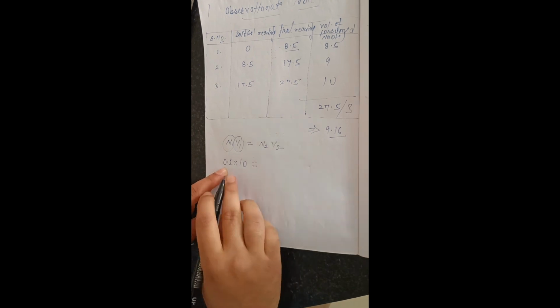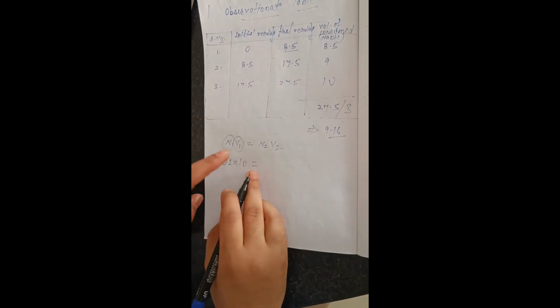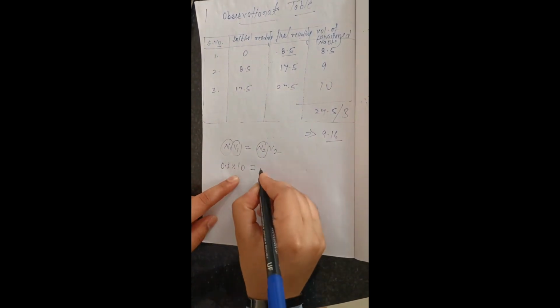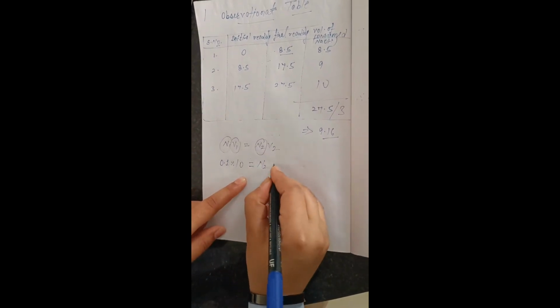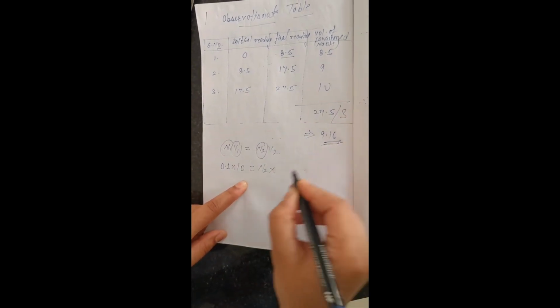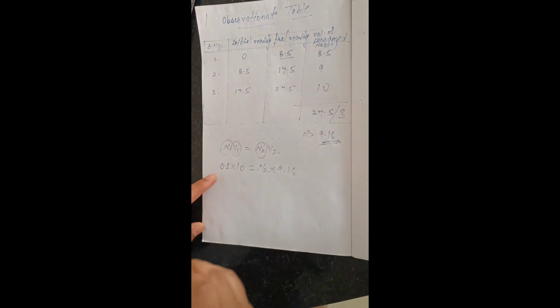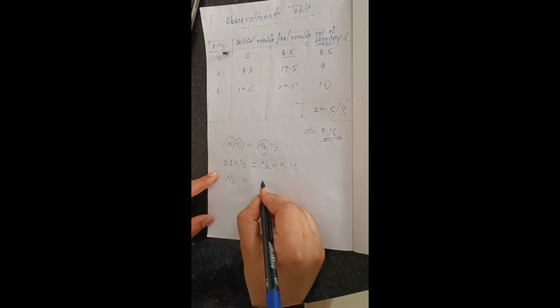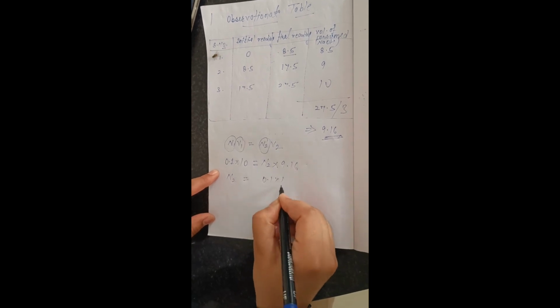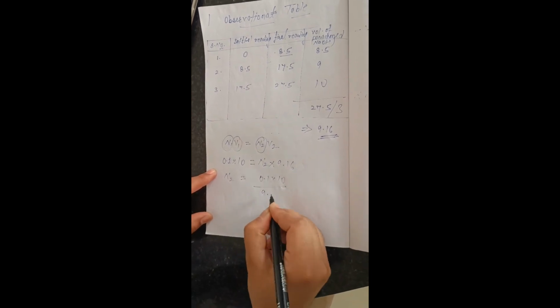So the value will be 0.1 into 10 equal to N2, which is the normality of NaOH we have to calculate, and V2 is 9.16. So the final calculation will be 0.1 into 10 divided by 9.16.